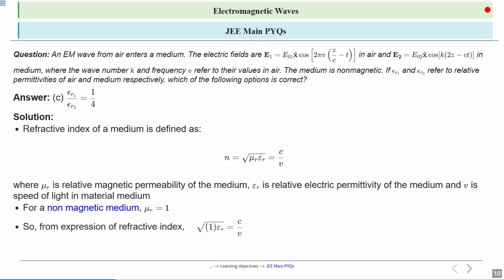So the expression of refractive index, root mu r will become 1, so root epsilon r will be equal to c by v only.